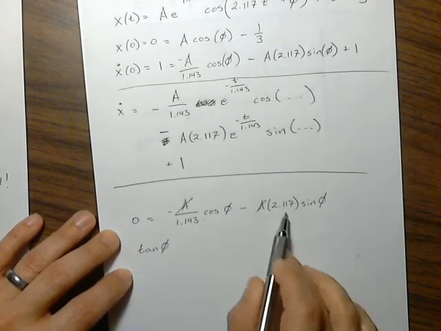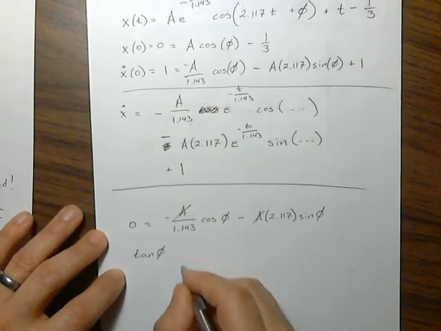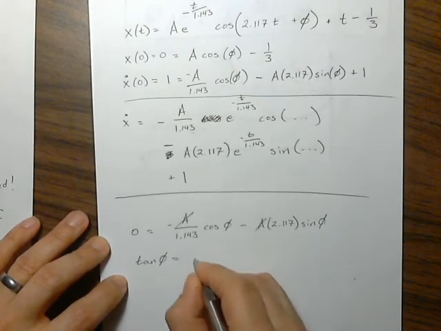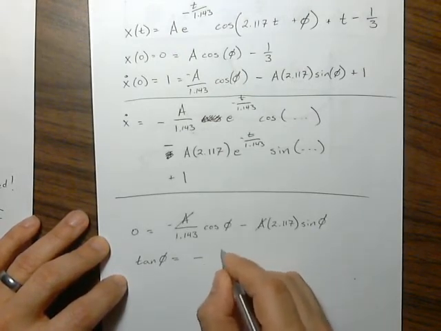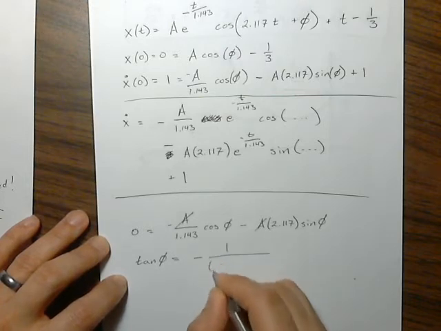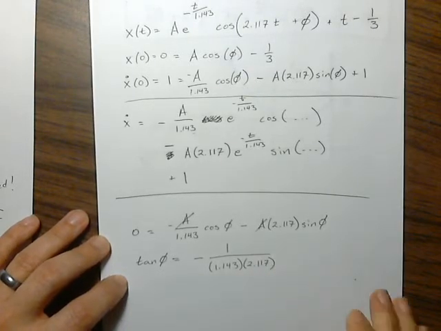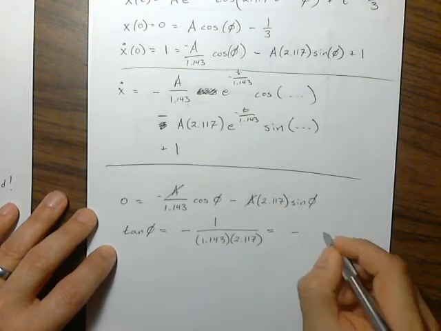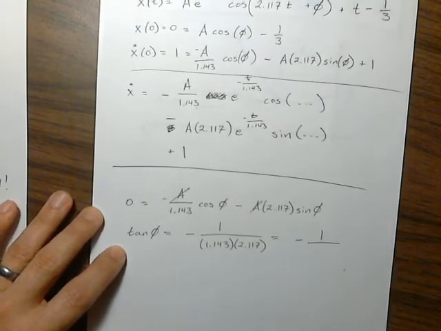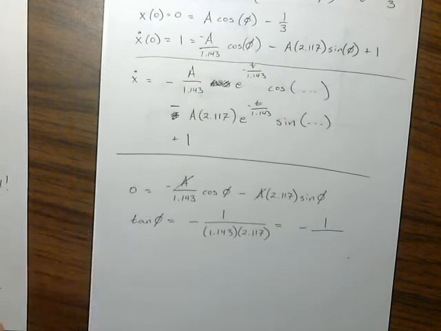If I just divide both sides by cosine, then the tangent of phi is going to be equal to negative, what's that going to be? Yeah, there we go. That's solvable. Let me go ahead and figure out what that is.